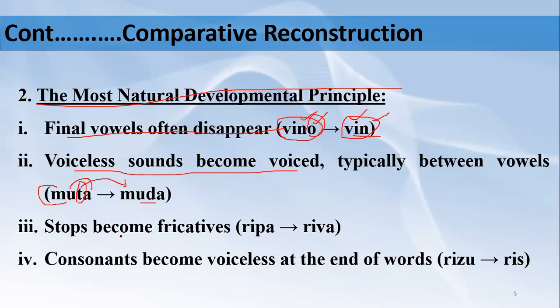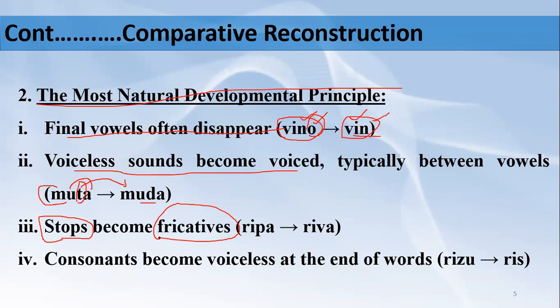So when there is a stop sound, a plosive sound, it usually becomes a fricative. When does it happen? When a word in a modern language or in the modern variety of a language is derived from an older variety or from an older language.